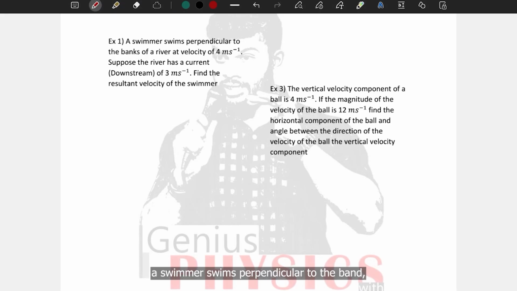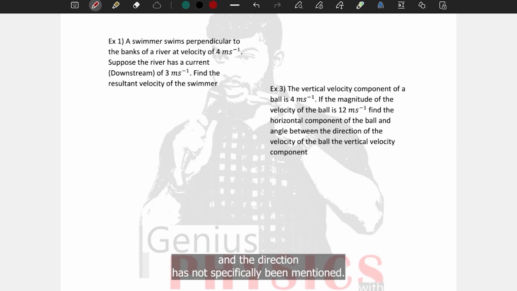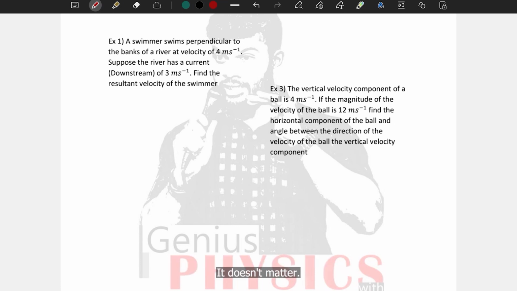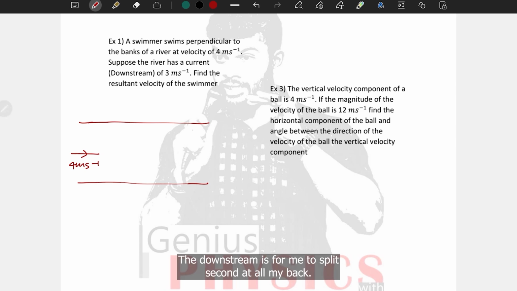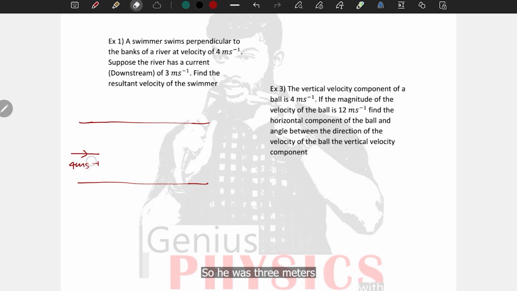A swimmer swims perpendicular to the banks of a river at a velocity of 4 meters per second. The direction has not specifically been mentioned, it doesn't matter. So if this is the river, there's a river stream down the river, and the speed of the stream, oh my bad, is 3 meters per second.